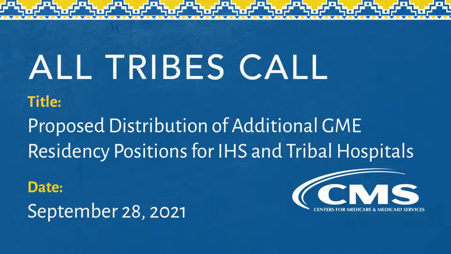Under Section 1886(h)(4)(F) of the Act, for cost reporting periods beginning on or after October 1st, 1997, a hospital's unweighted FTE count of residents for purposes of direct GME may not exceed the hospital's unweighted FTE count for direct GME in its most recent cost reporting period ending on or before December 31st, 1996.